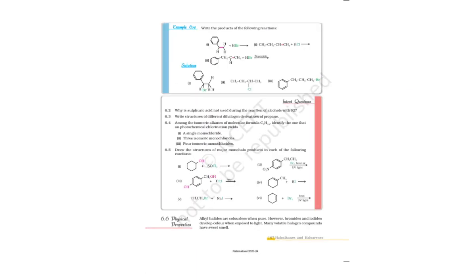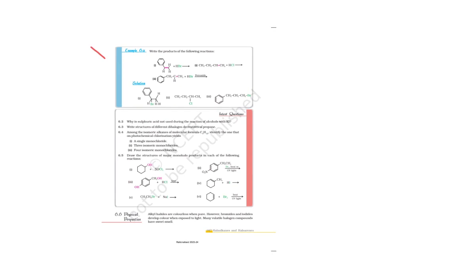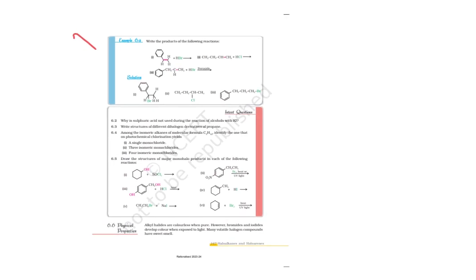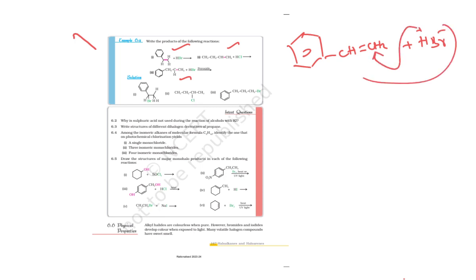look here. This is the question we are going to discuss. Look here now. The first reaction is based on the Markovnikov rule. This is the Markovnikov rule, and this is the anti-Markovnikov rule. So we have CH double bond CH2, reacting with HBr. So H plus and Br minus: H plus goes here, Br minus goes here, right? So we will get this product.